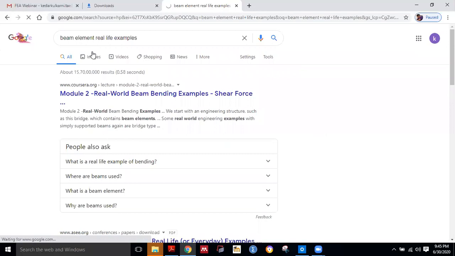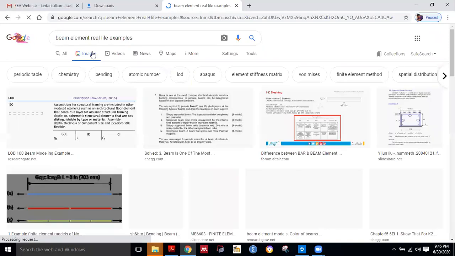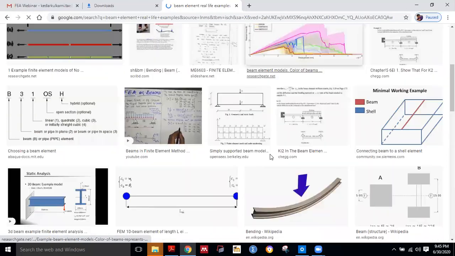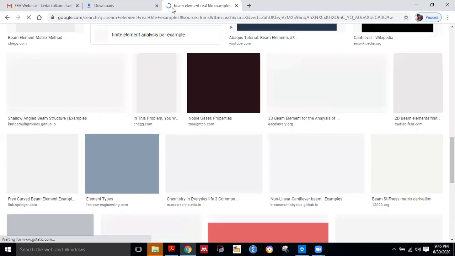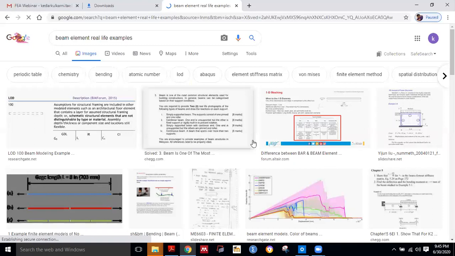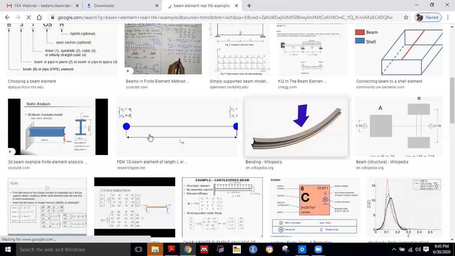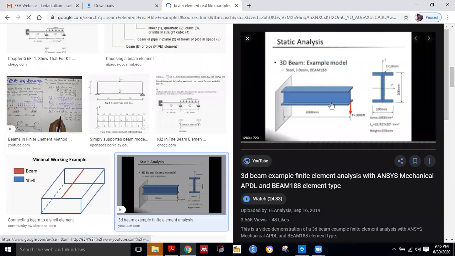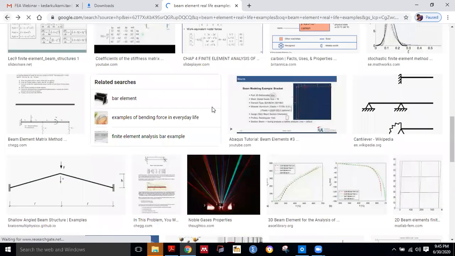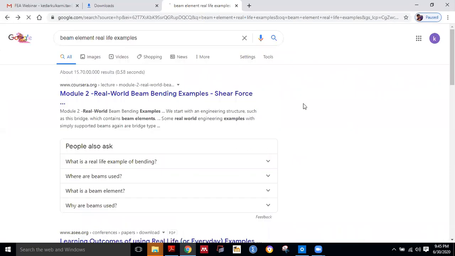I will go for the images. There are some beam elements which are shown. These are the structures. See, these beams have some kind of cross sectional area. Here is a 3D beam example model. There are some real life approaches also, like the I section beam, which we observe on a daily basis. You can see my last video, if you have seen it. Some real life approaches I have shown, but those are to be downloaded from the net itself.